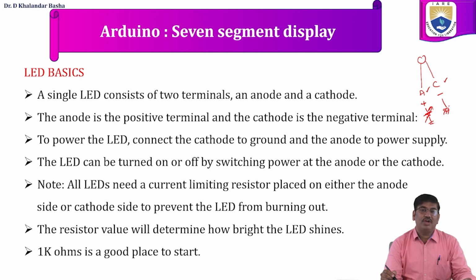So whenever an excessive amount of voltage is passed to the LEDs, there is a chance of burning of the LED. To prevent this, we are going to place a limiting resistance. If the applied voltage is very small, the resistance also can be neglected. So the resistance will determine how bright the LED will shine. So usually we will use a 1 kilo ohm resistance for practicing.